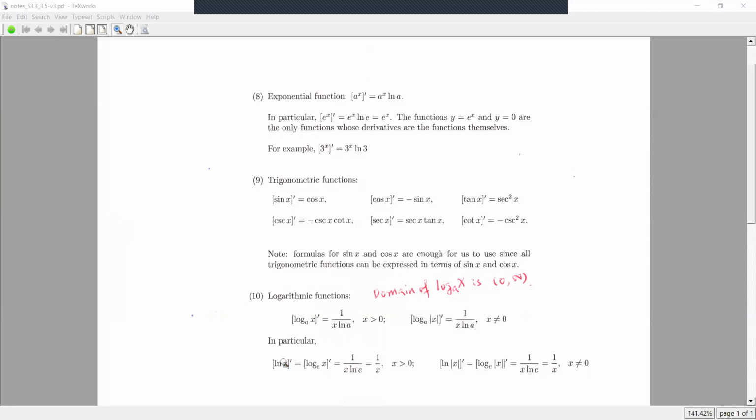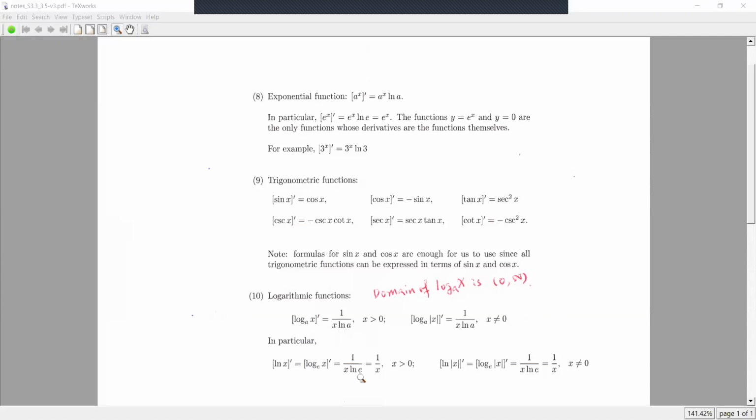In particular, derivative of natural log. Natural log is a log with base e. Derivative of this log by the formula is 1 over x times natural log of e.